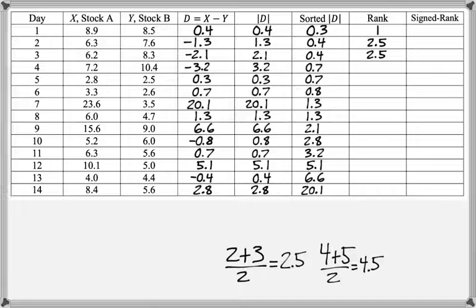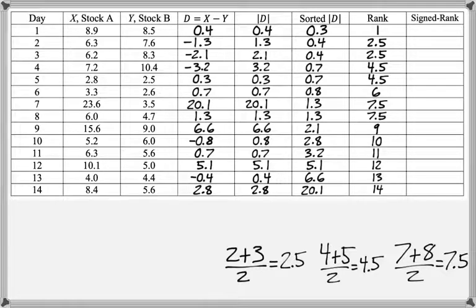So that average is 4.5. 0.8 is 6. The 1.3s, we have to take the average of the 7th and 8th rank. So they both get 7.5. Now there's no more ties, so the following ranks are just 9, 10, 11, 12, 13, and 14.